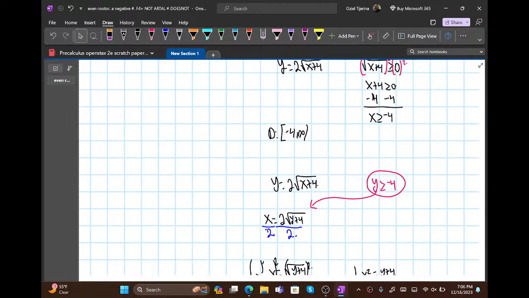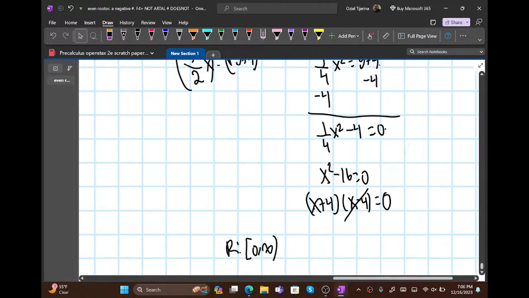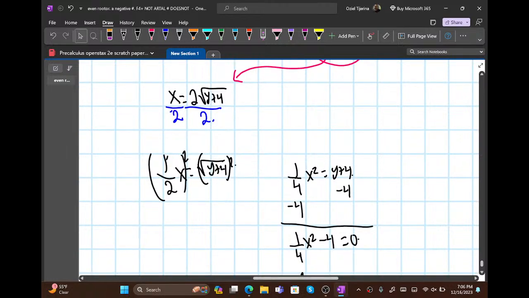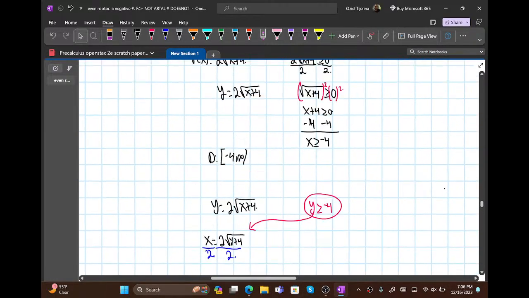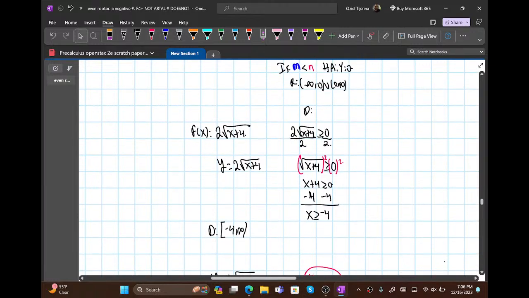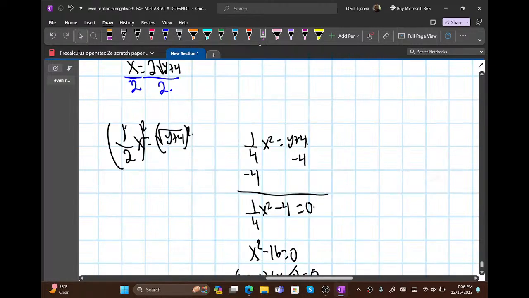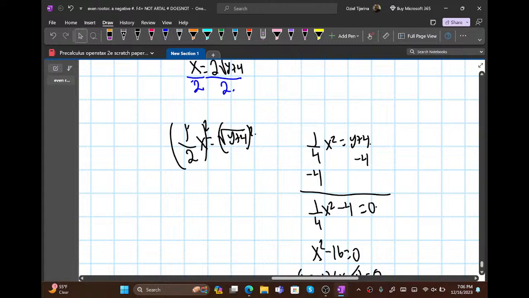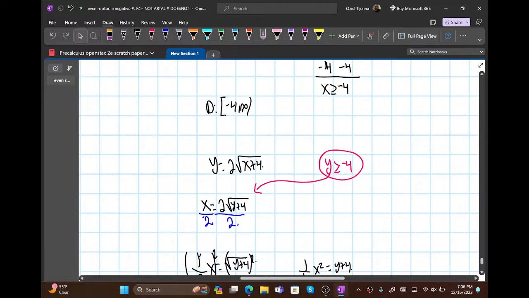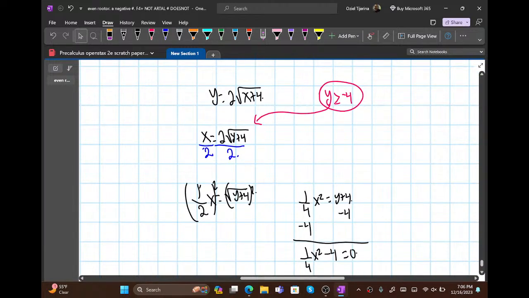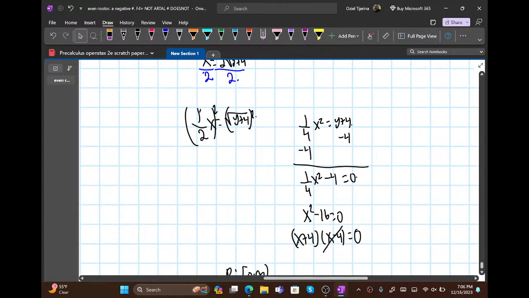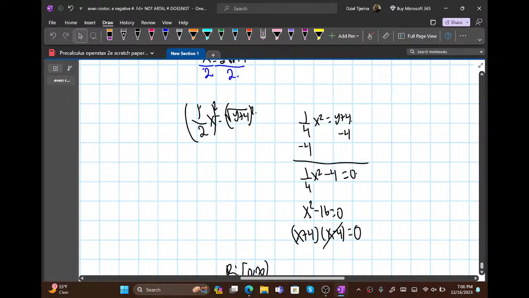Yeah, it is very complicated, guys. So what you have to do, and thank you, Lights, for letting me know this, you have to really think about what you're given. So we're given that the domain was from -4 to infinity. But the range, you have to do the inverse in a way.